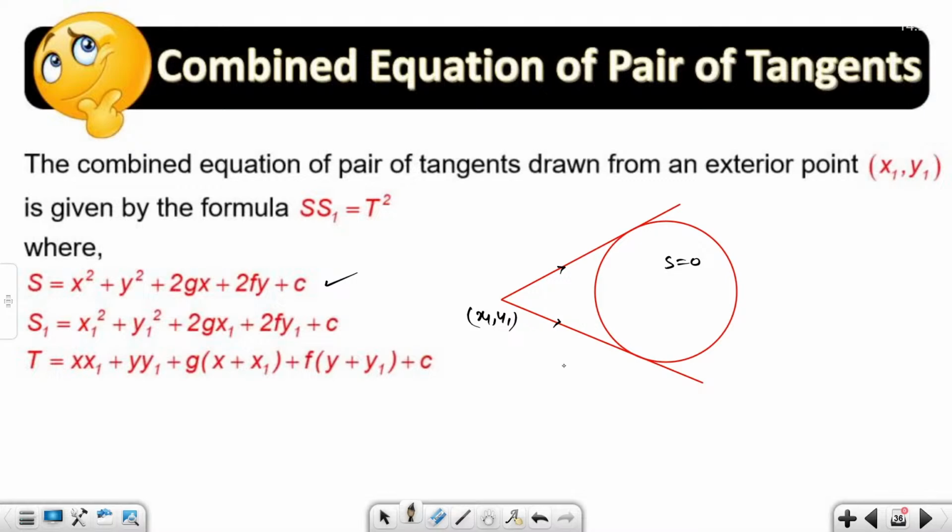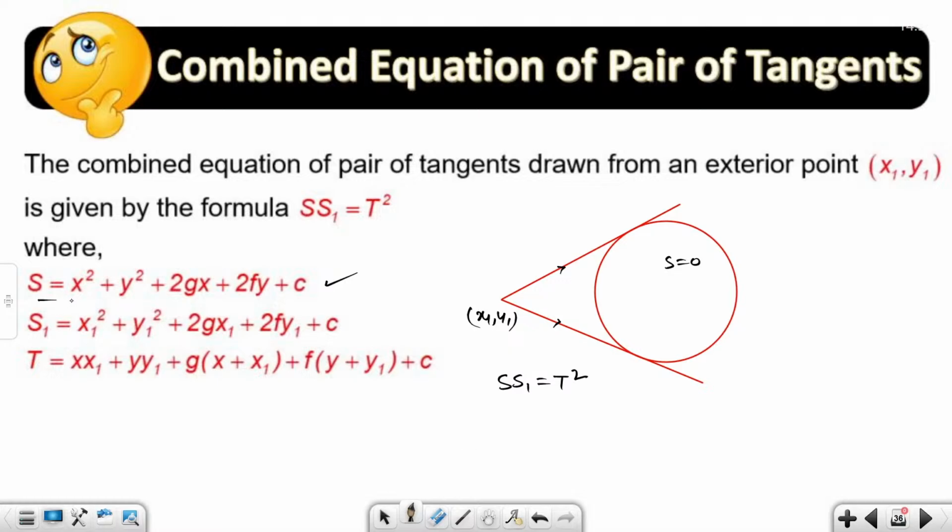Now, what I want to do is write the equations of those tangents in one equation. So, it is what is called the combined equation of the pair of tangents. Now, you can do it very easily. After finding out the equation of the tangents, you can combine these two. But other than doing this, without finding the equation of the tangents, you can directly write that the combined equation will be S1 equals T square.